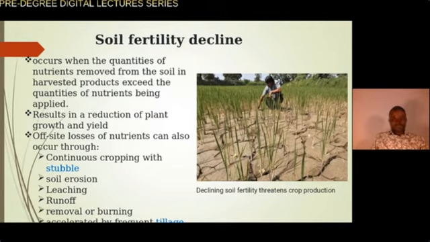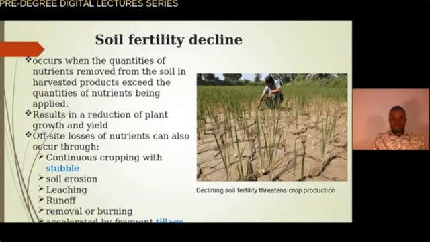Decline in fertility can also occur through offsite loss of nutrients, and through continuous cropping with staple or stubble crops. When you continue growing certain crops continuously on the same piece of land over years, there is a possibility that the fertility will decline. The nutrients that are being consumed by that plant will be removed from the soil.